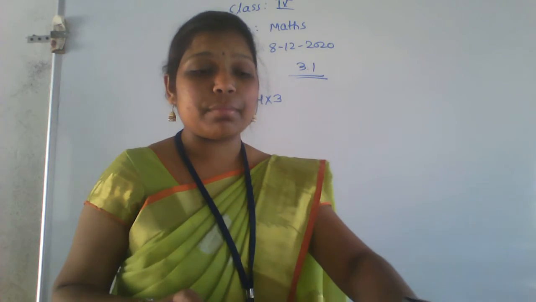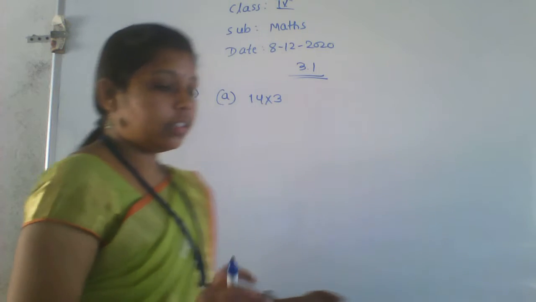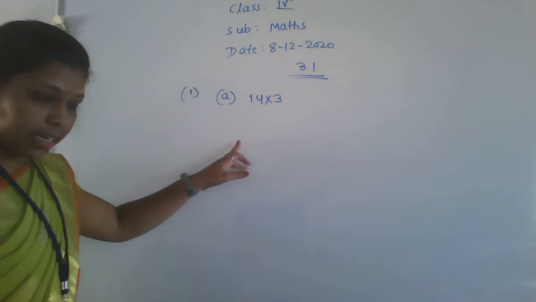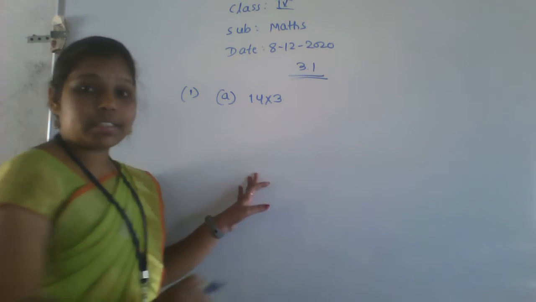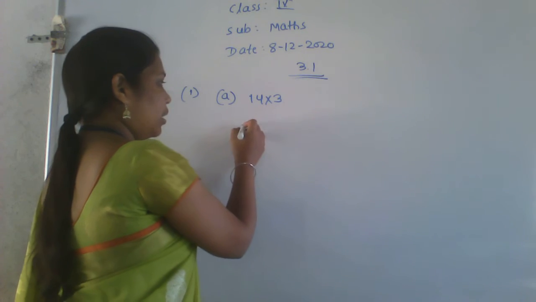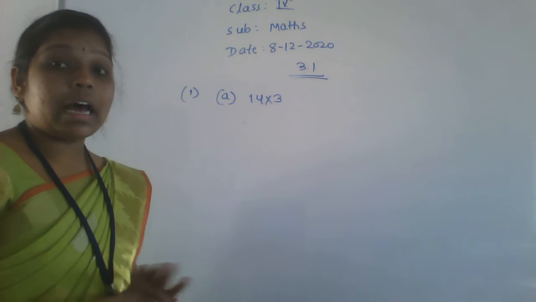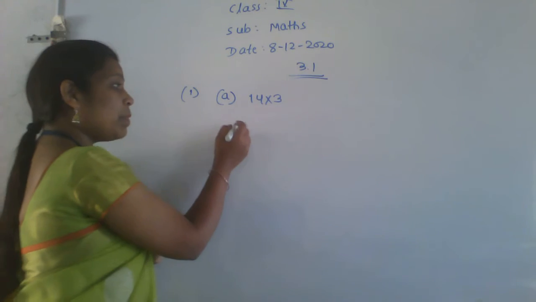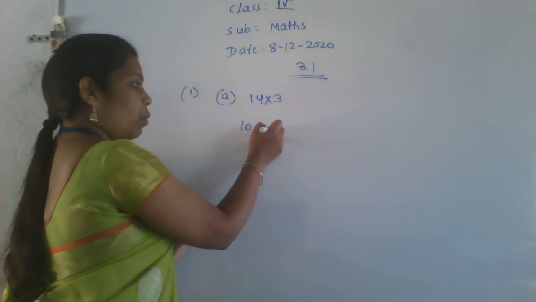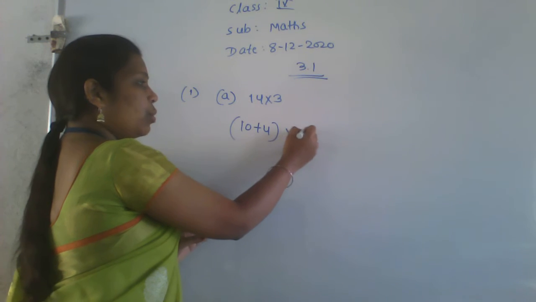How to break up the number here? Let us see. 14 into 3, right? So 14 into 3 means you have to break up the 14. That is 10 plus 4, or 7 plus 7, or 8 plus 6, like that. I am taking 10 plus 4 into 3.